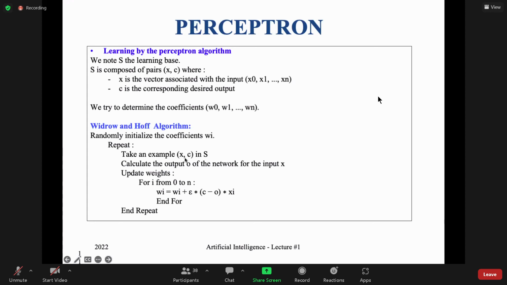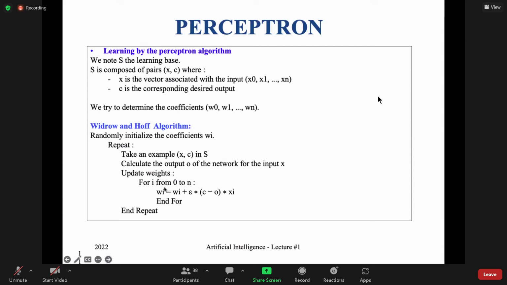We take a first example in S, in my database, and in this example, I have the couple, so the input, which are the parameters or the features, and the category for this example. And we do this calculation. So we do this operation.